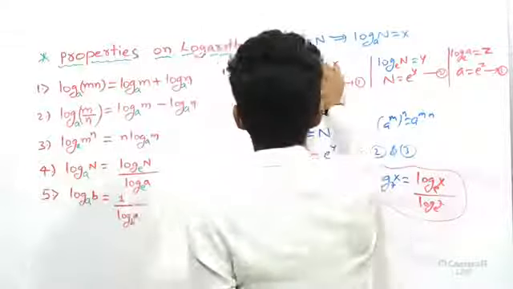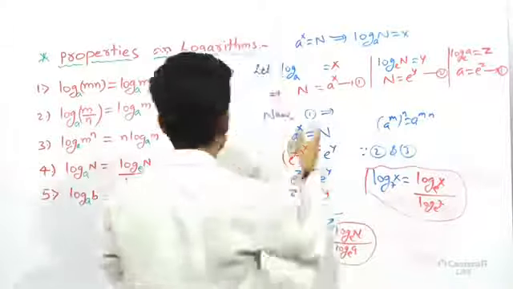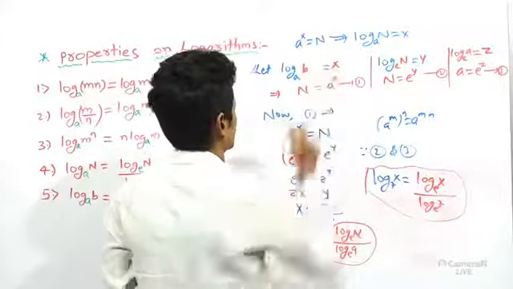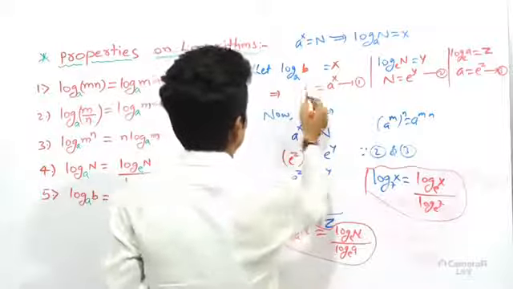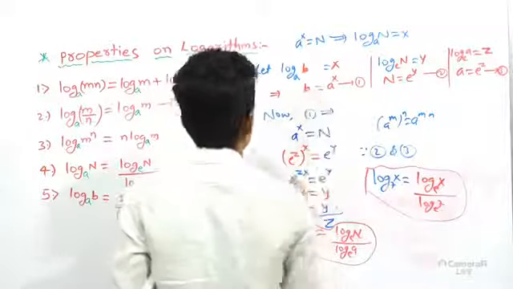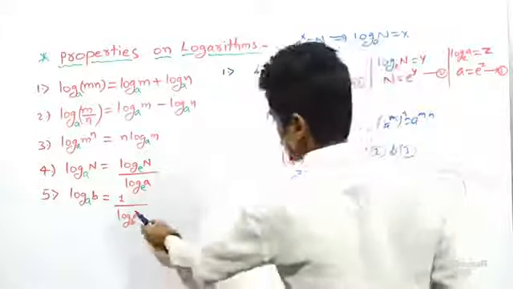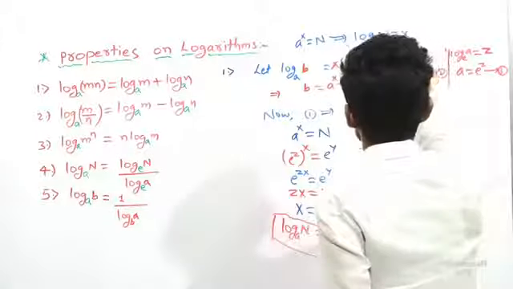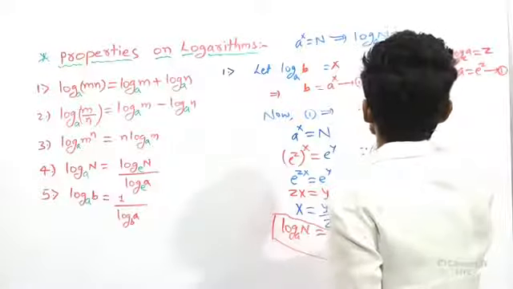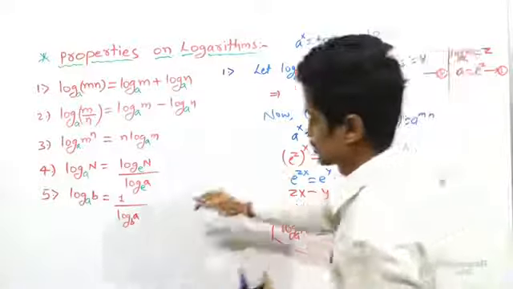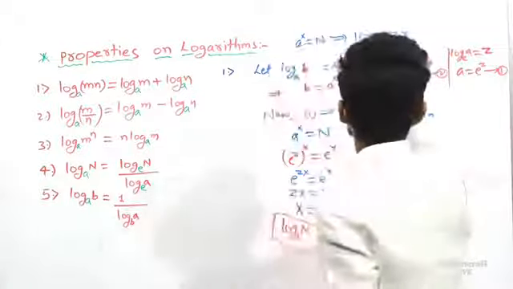Now the LHS part, I have log of the number b. Again we can take b and write it as a to the power x in exponential form. And what would be the RHS part? On the RHS I have log of the number a to the base b.